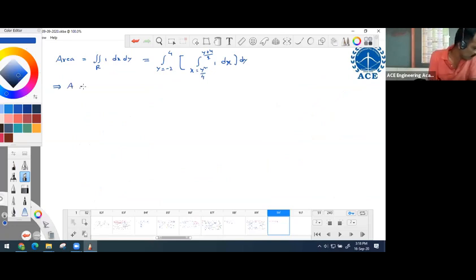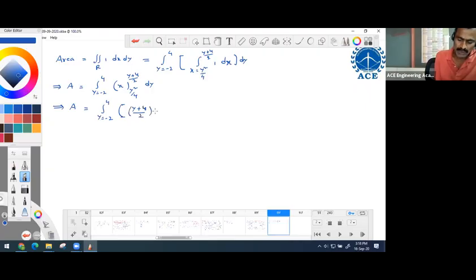Integrating with respect to x, area equals the integral y equal to minus 2 to 4 of y plus 4 by 2 minus y square by 4 dy.